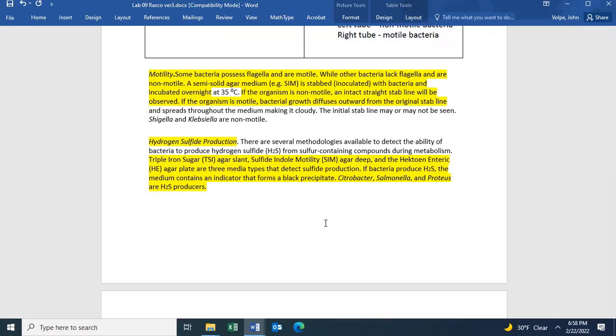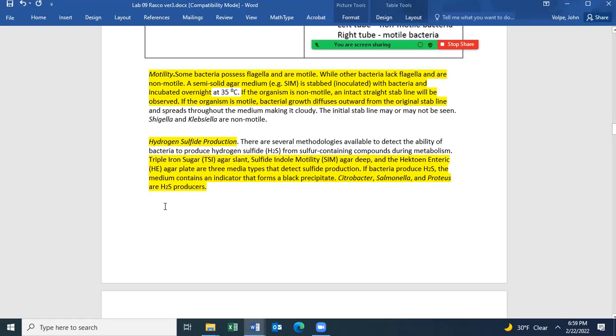You can test it in the HE agar plates, or the Hektoen enteric agar plates. And in all the cases, if hydrogen sulfide is produced, it will turn black. What happens is the bacteria produce hydrogen sulfide, and then the hydrogen sulfide reacts to the reagents in the tube. I believe it's iron, and then that forms a black precipitate.